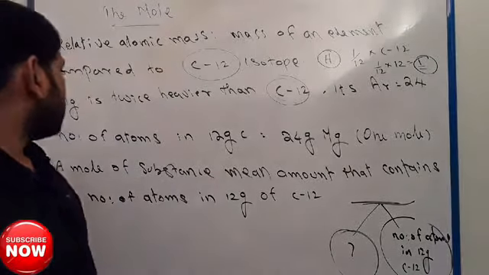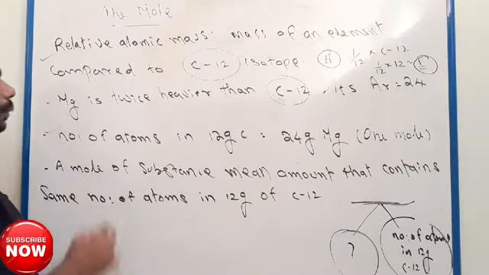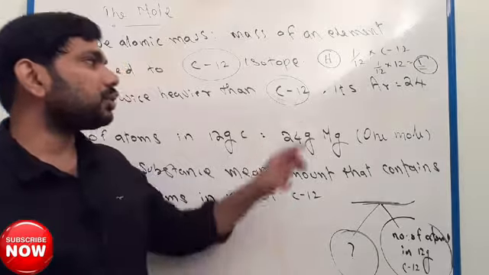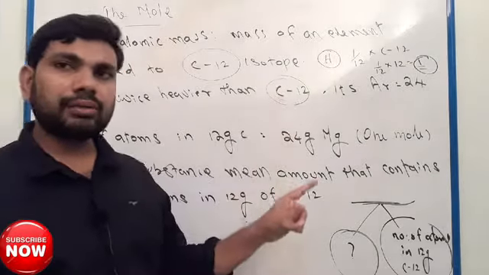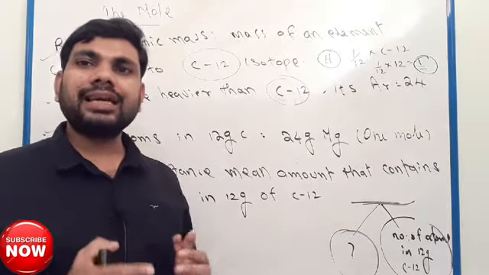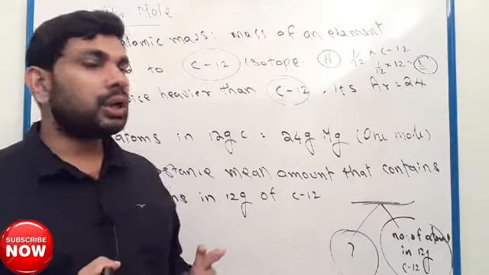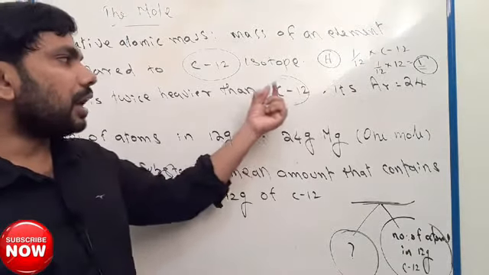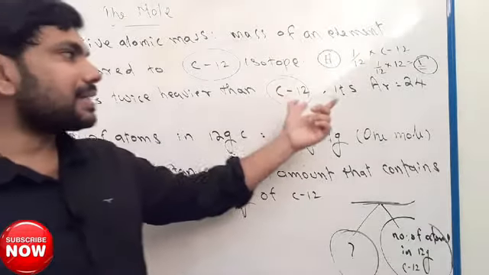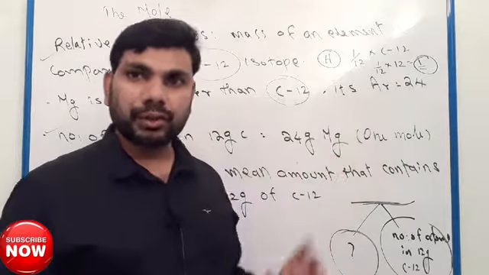The relative atomic mass of carbon 12 is 12 because it contains exactly 6 neutrons and 6 protons. The relative atomic mass of magnesium is 24.